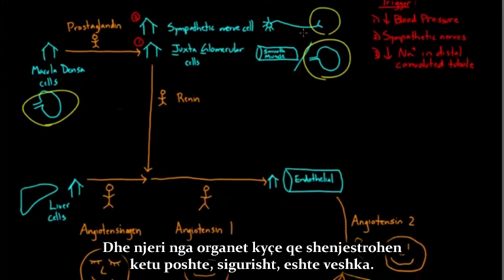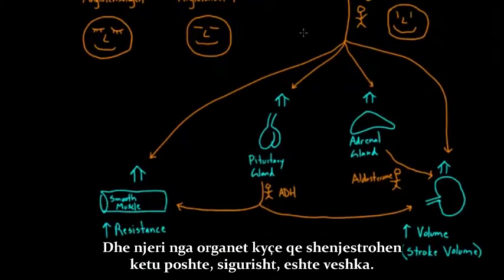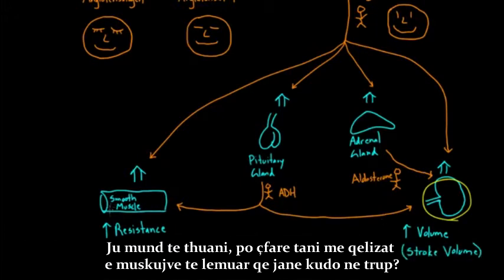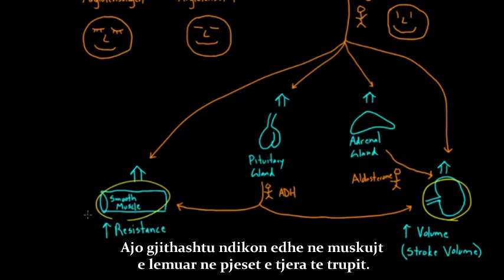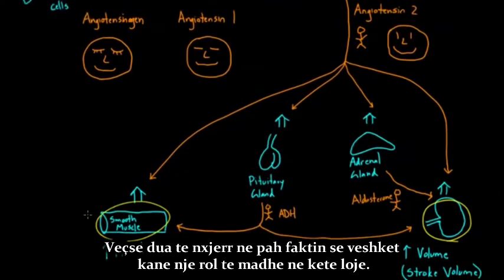And one of the key target organs down here is, of course, the kidney. So things are starting in the kidney and also ending in the kidney. Now you'll say, well, what about the smooth muscle cells? Isn't that all over the body? And you're absolutely right. It does also affect smooth muscle in other parts of the body. But I just want to point out the fact that the kidney is a major player in this game.